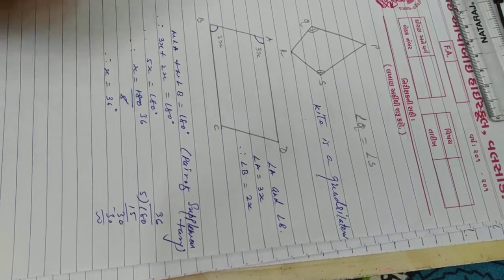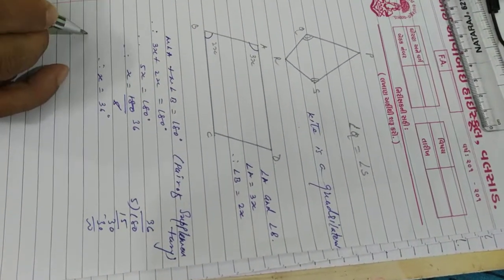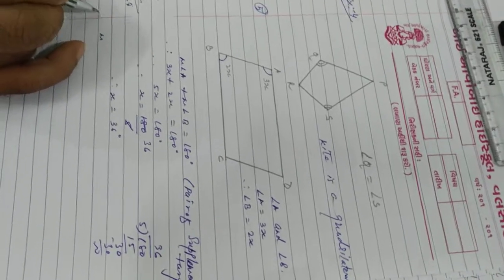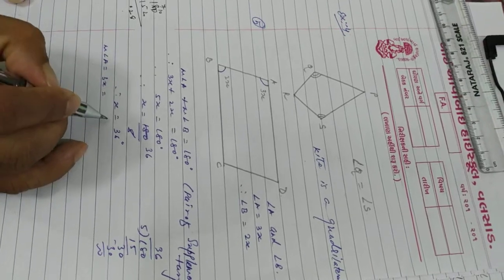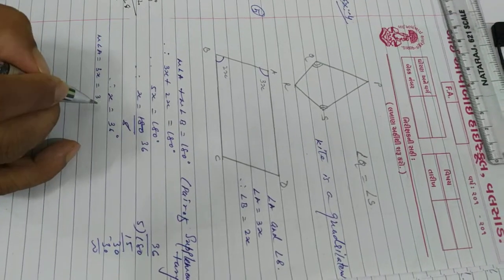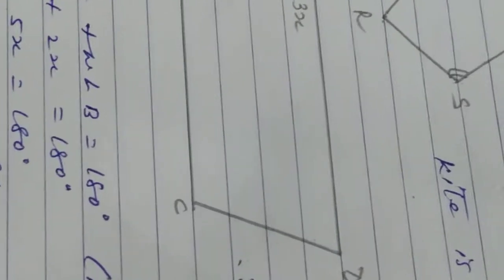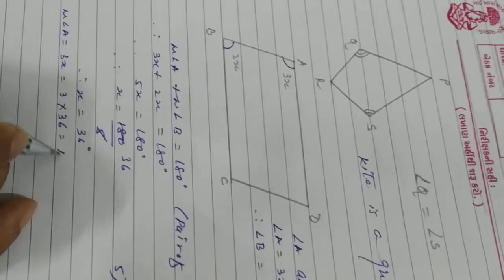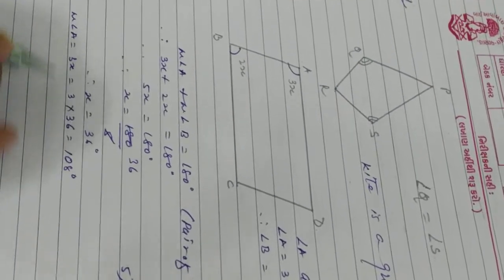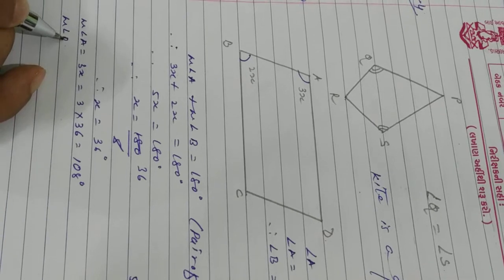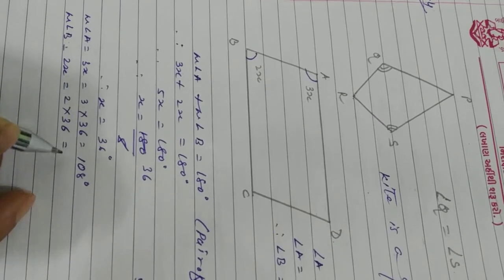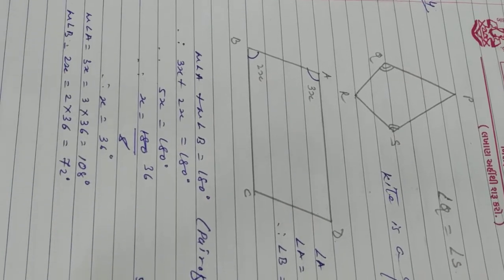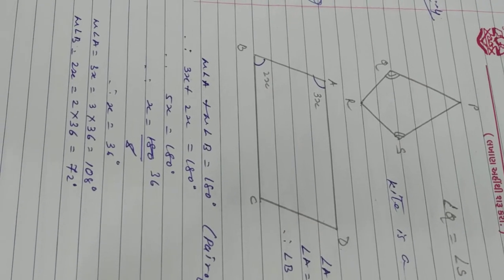Right? Now apply the values in it. Therefore measure angle A is equal to 3x is equal to 3 multiplied by 36, so 108 degree. Similarly, measure angle B is equal to 2x is equal to 2 multiplied by 36, so 72 degree.